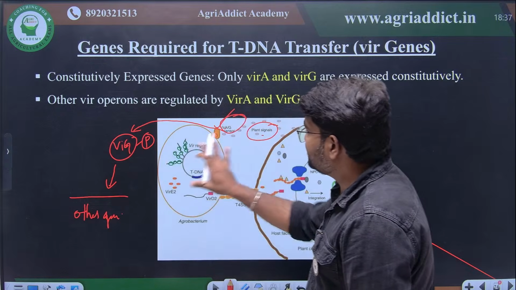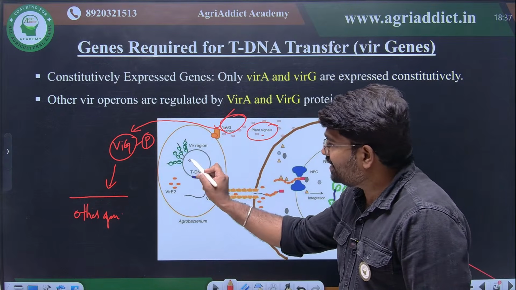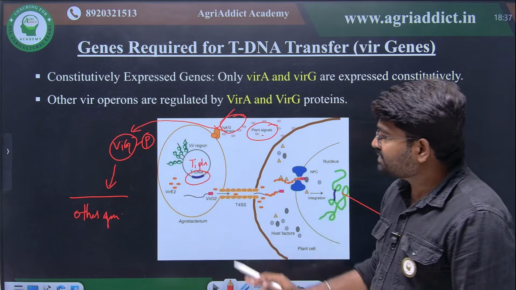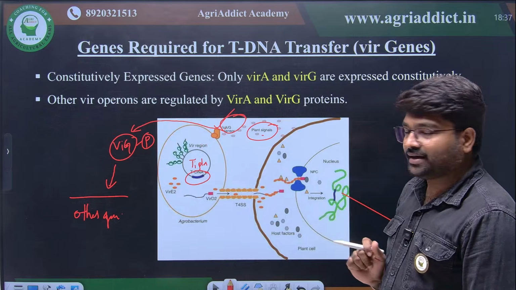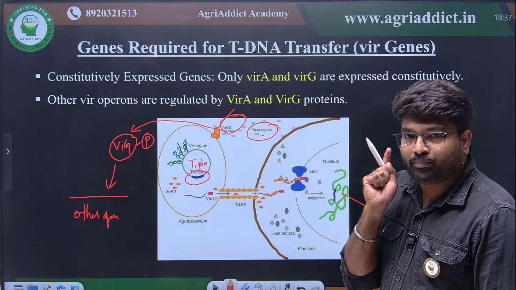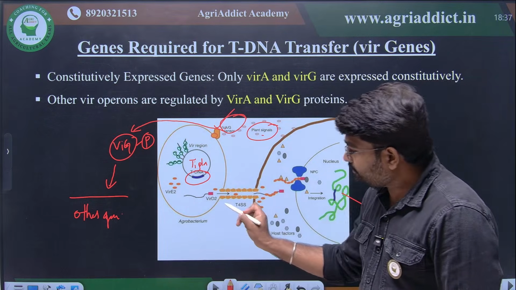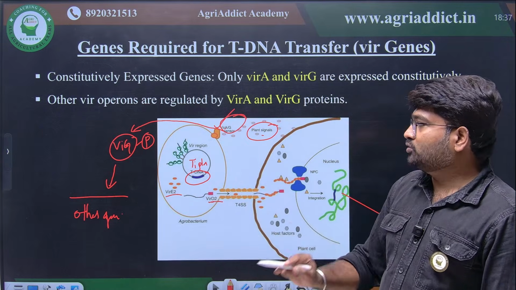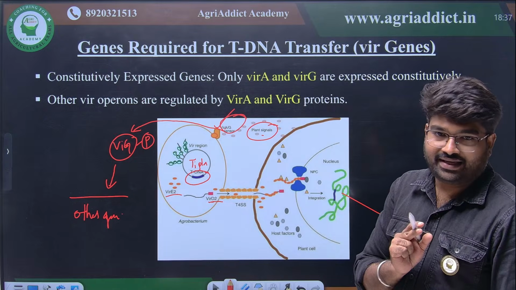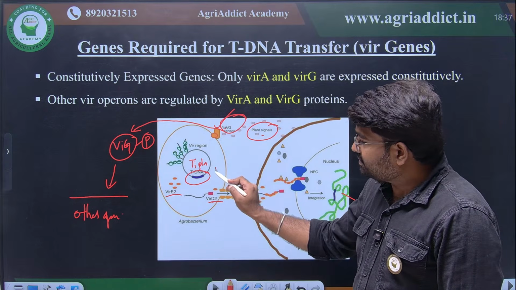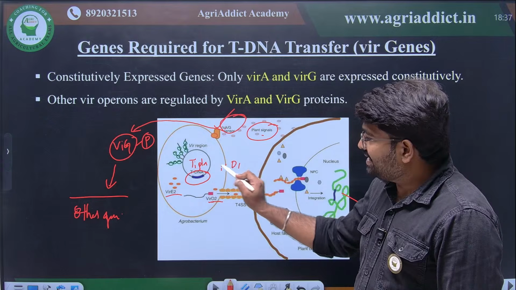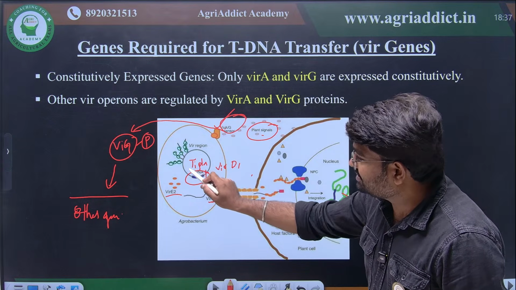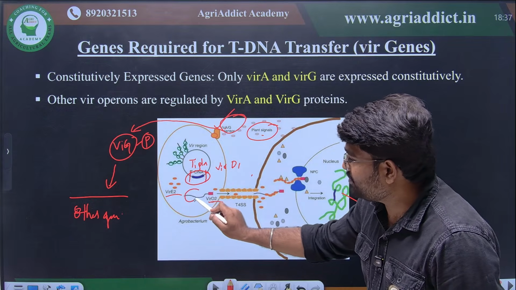You just see here, this is the tumor inducing plasmid, Ti plasmid. This is the tDNA region. See, different Vir proteins are there. The most important Vir proteins are Vir D2 and Vir E2. Vir D1 will act as an endonuclease, so the tDNA fragment will be cut and come here.